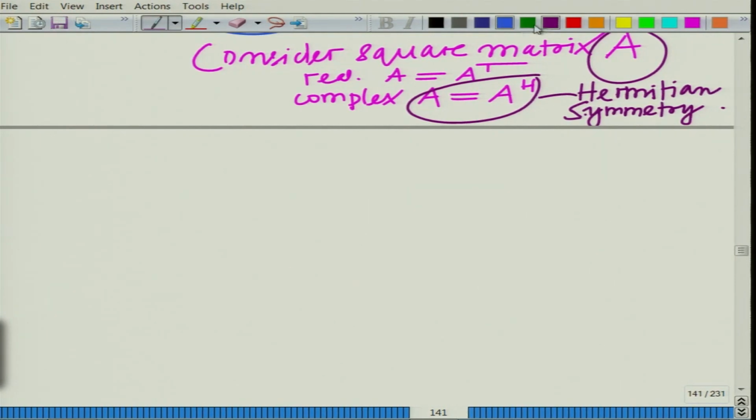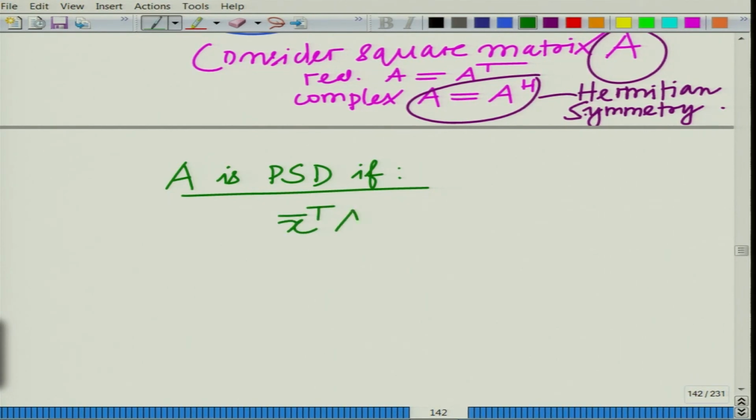And we call A a positive semi definite matrix if x bar transpose A x bar is greater than or equal to 0 for all x bar.